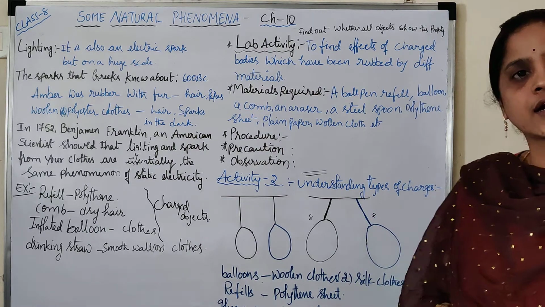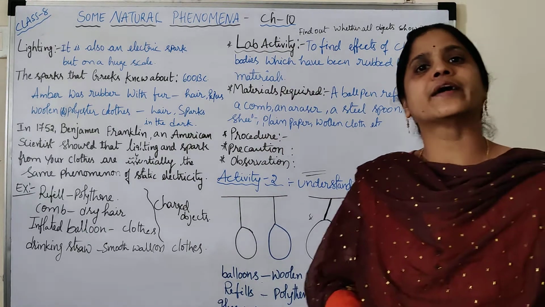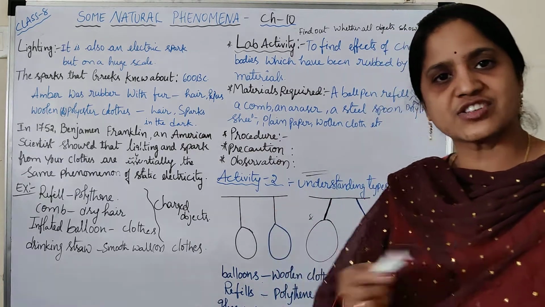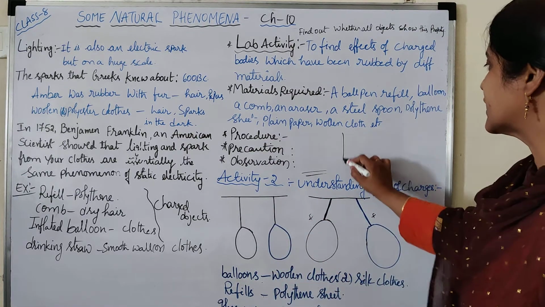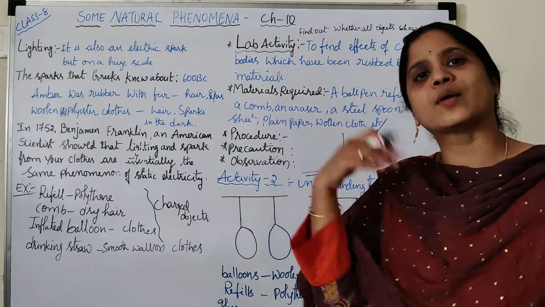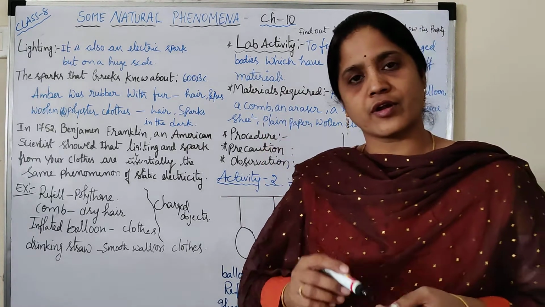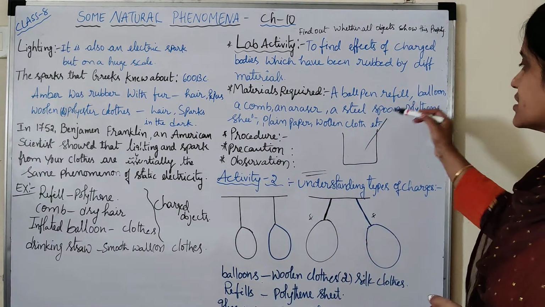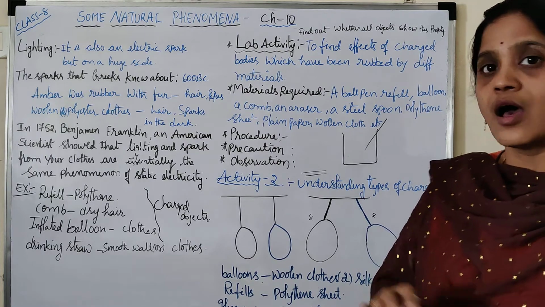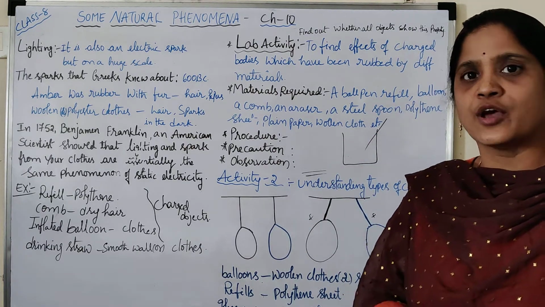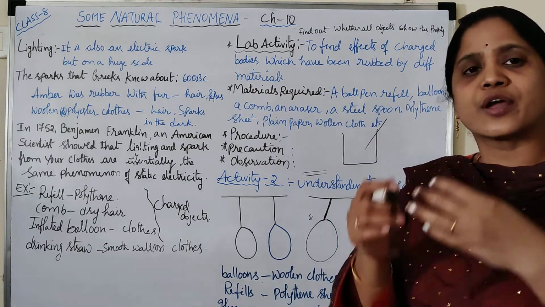Next, like that, you take a refill. You take one refill, rub it with the polythene sheet and place it in one tumbler. Then you take one more refill, rub that also with the polythene sheet and bring it nearer to the first refill. And you find out whether there is any attraction or repulsion. You cannot find any attraction between the two refills.